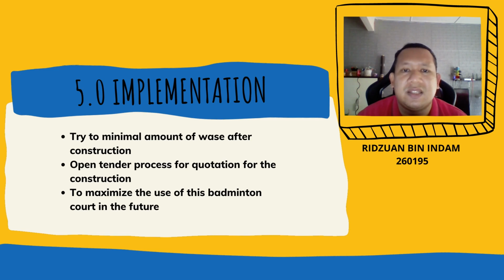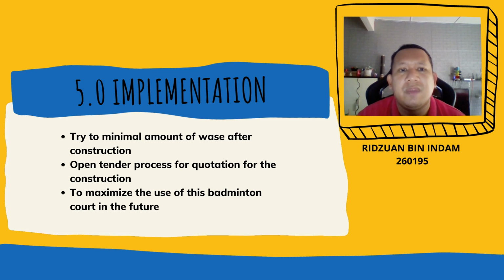The quotation method is the most effective because UUM can make a comparison between the quotations received by the university. UUM does not necessarily have to choose the cheapest quotation that they receive.